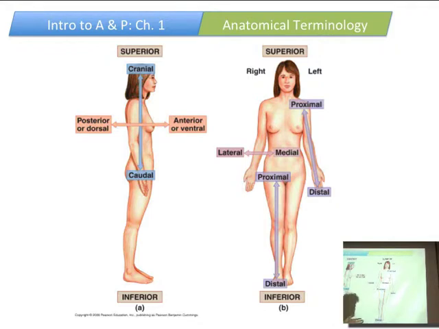So instead of left to right, our reference point is our midline. The very midline is the most medial point in the body. Everything either to the left or the right of that is lateral. All right. So for example, my eye is medial to my ear.